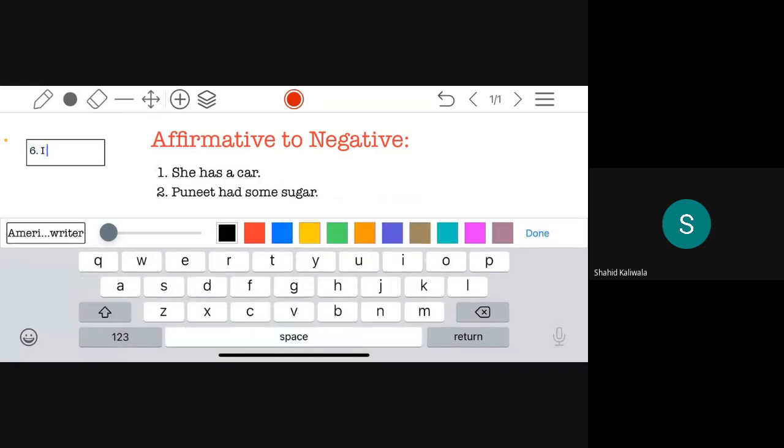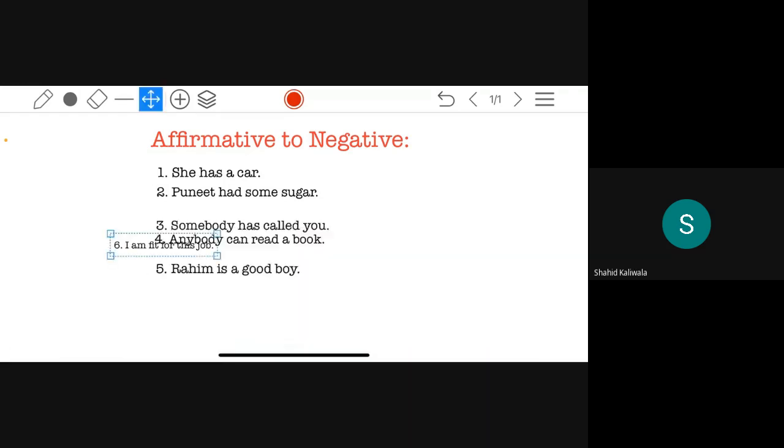Then tell me this one. I am fit for this job. How will you change it to negative? I am not fit for this job. I want the exact antonym.